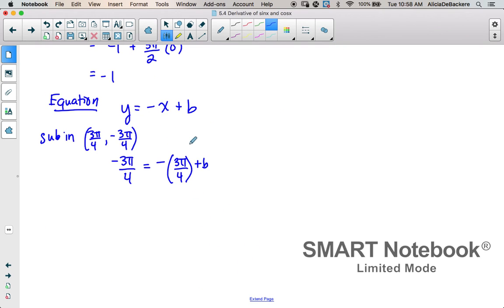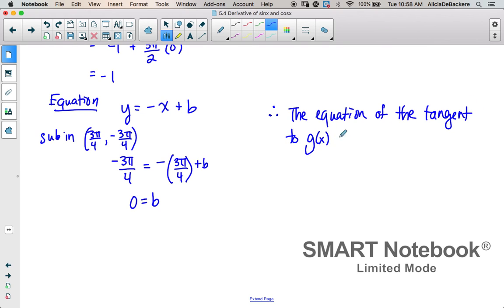All right, when we rearrange and solve for this, I'm going to get 0 is equal to b. So therefore, the equation is just y equals -x because the b went away.